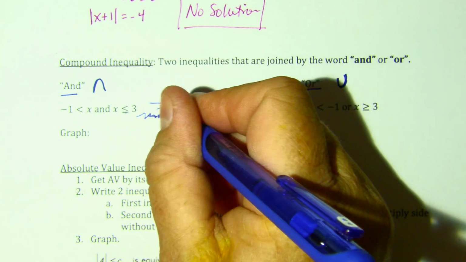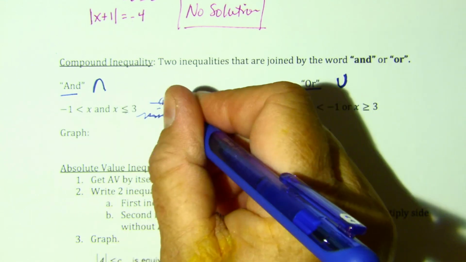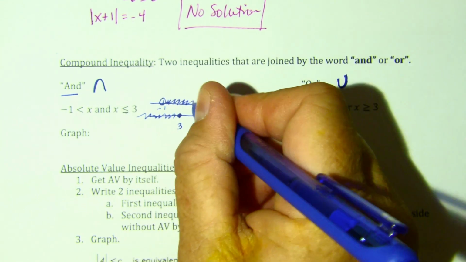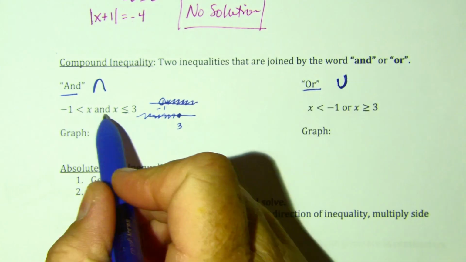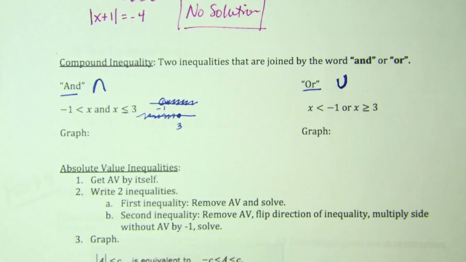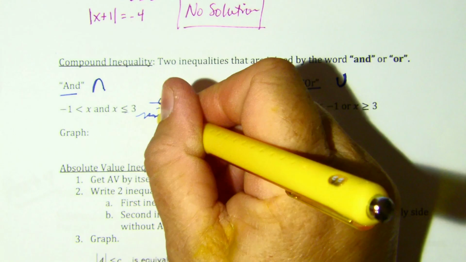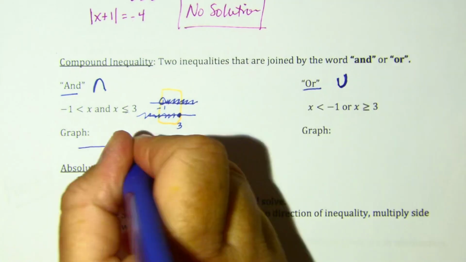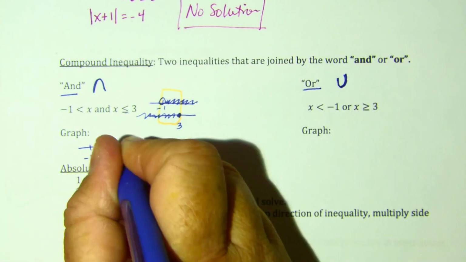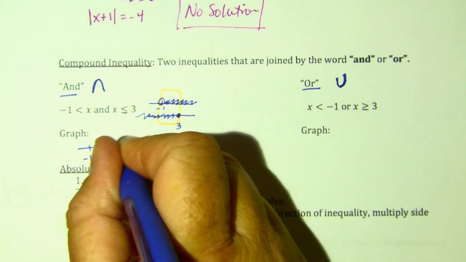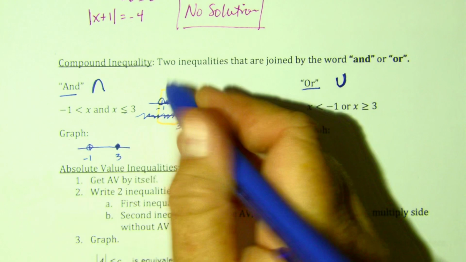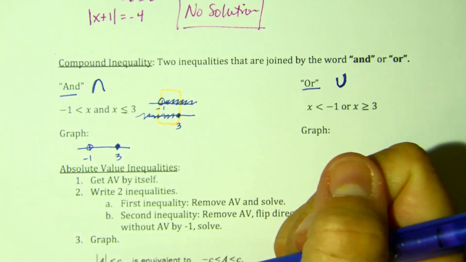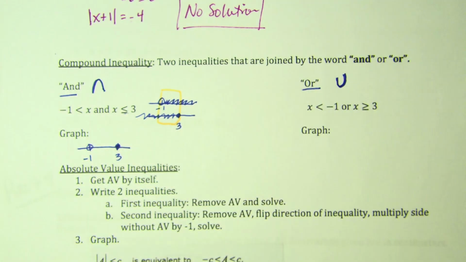Here, x is bigger than negative 1. It does not have the line underneath, so it'll be an open dot and shaded this way. We want this true and this true, so that means we're looking for where it's overlapping. So my answer would be from negative 1 to 3. Closed dot at 3 and an open dot at negative 1 because it's not equal to negative 1.